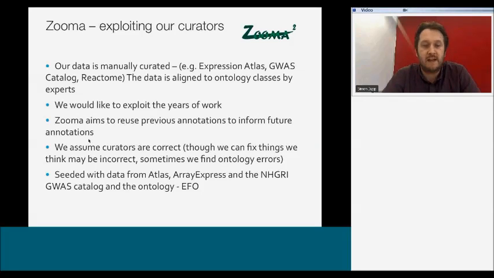This is largely at the moment seeded with the Gene Expression Atlas data, the ArrayExpress data, and the GWAS catalog data, and is unsurprisingly heavily focused towards ontologies captured within the experimental factor ontology space. But this is a generic platform, so we can load any other kind of data sets in here and any other kind of ontologies, and tailor it to different views of the data.